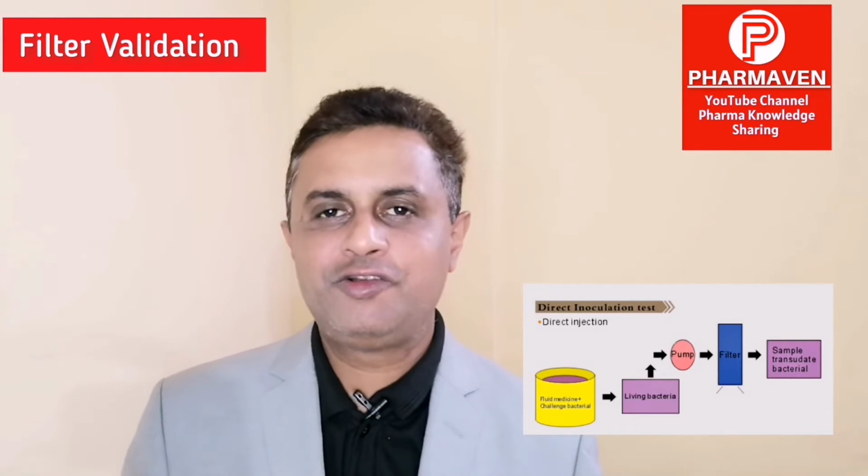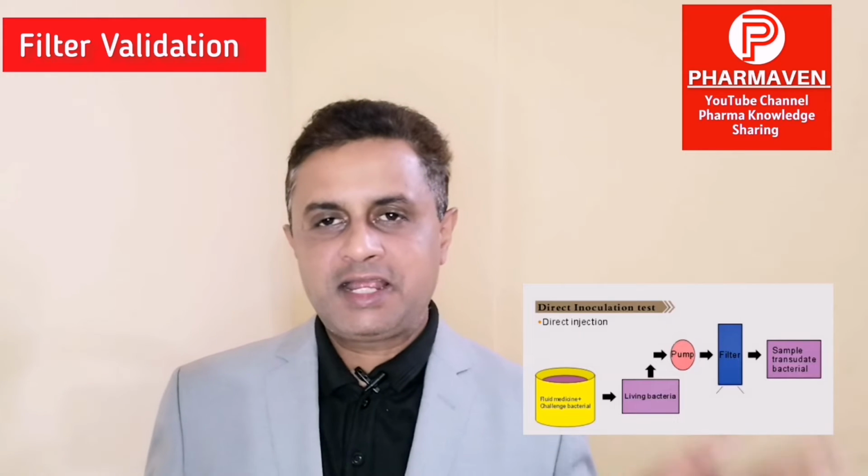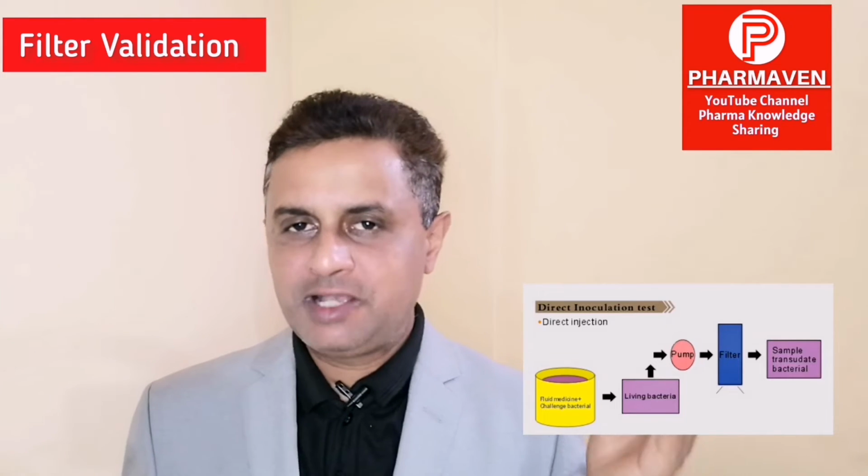Now how do we evaluate the results? The negative control filter should not have any microorganism. The test filter obviously should have Brevundimonas diminuta, and the control filter, which is there to retain the bacteria not retained by the test filter, has to be incubated.